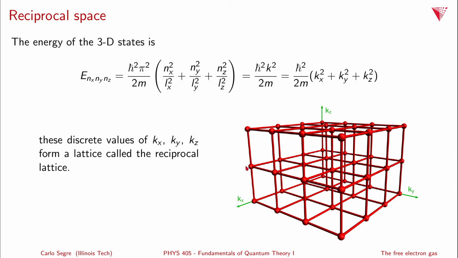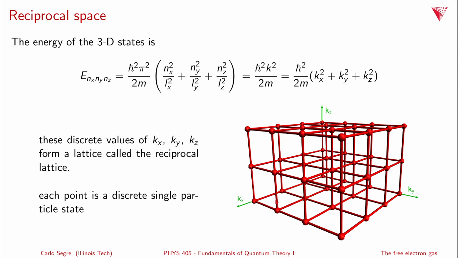For every point you have there, you have a point at the lattice. So for example, this might be at this point, nx is equal to 2, ny is equal to 1, and nz could be equal to 1, for example.